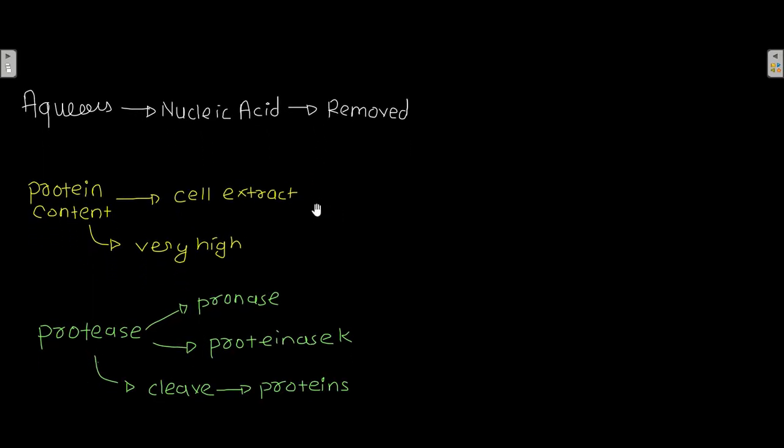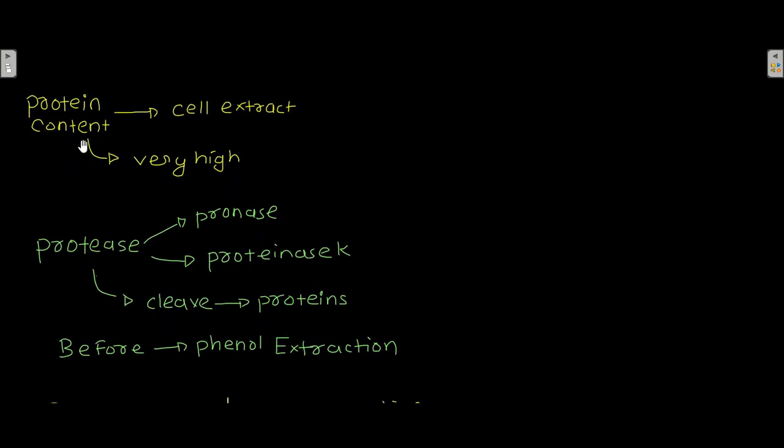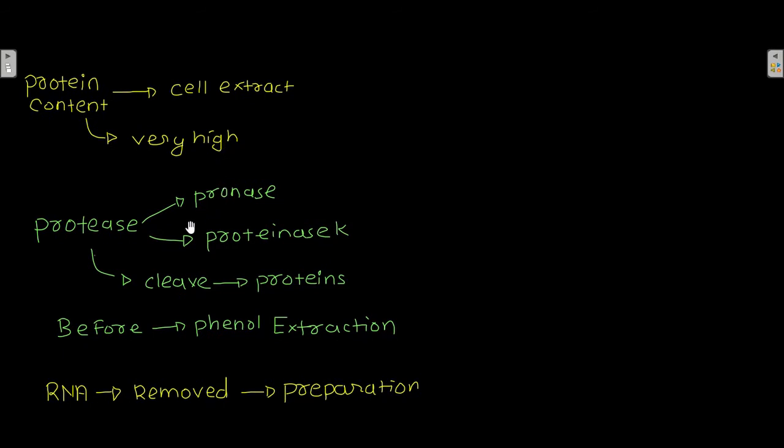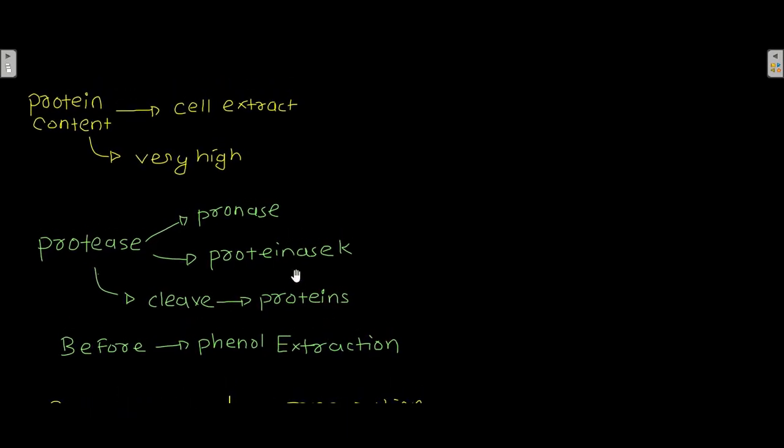Now, if the protein content in the cell extract is very high, then we use proteases such as pronase and proteinase K to cleave the proteins before phenol extraction. We do cell lysis and get a cell extract, then the cell debris is removed by centrifugation, and we apply phenol extraction to the remaining substance.